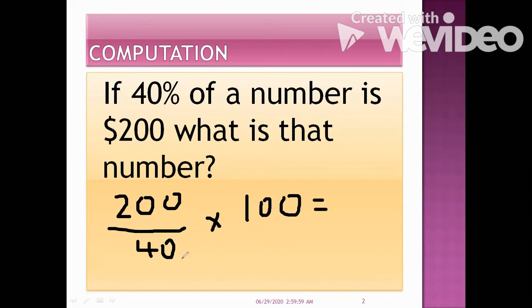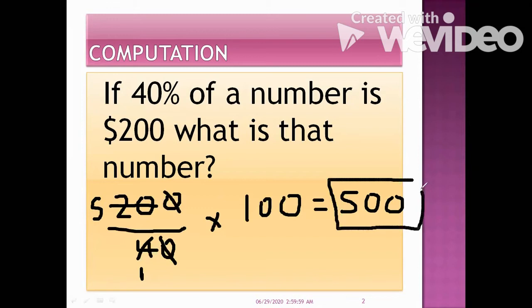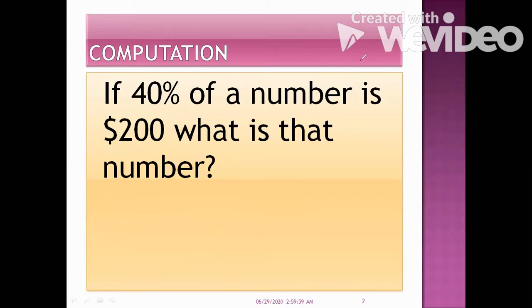Let's cancel. 4 into 4 goes 1. 4 into 20 goes 5. 5 times 100 is how much? 500. So the answer there is $500. And you can check it: 40% of 500 turns out to be 200. Let's move on to the next question.